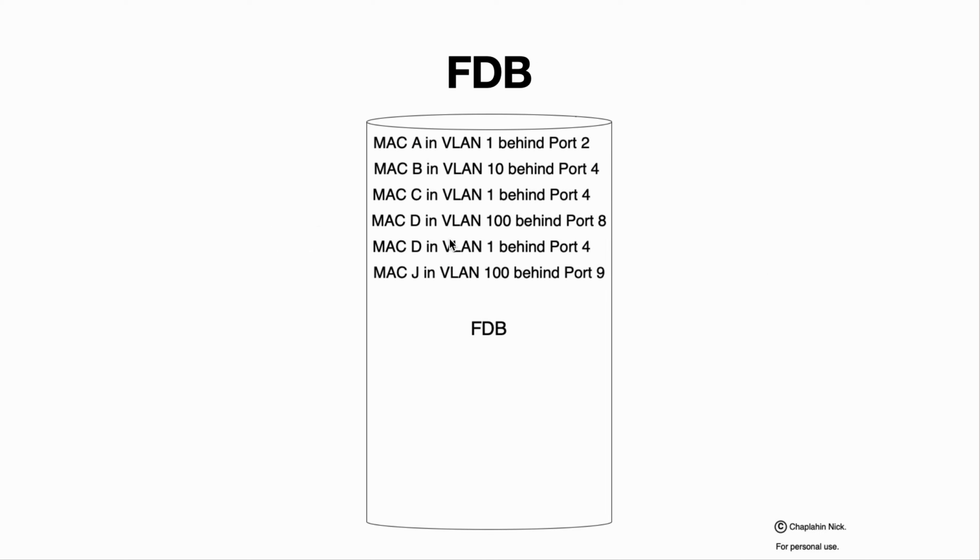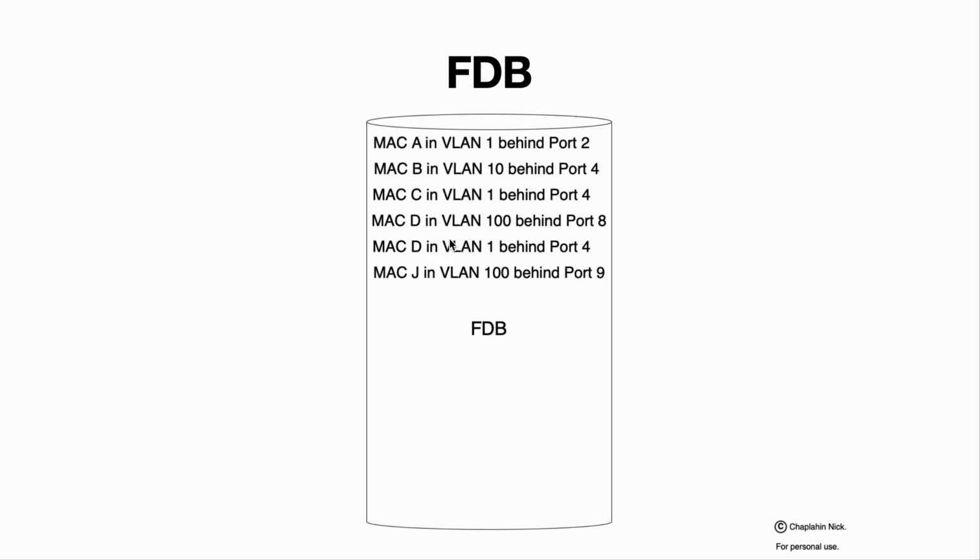FDB is a database that contains information about directions toward which packets with specific destination MACs should be sent.